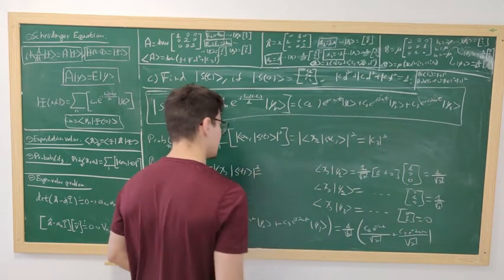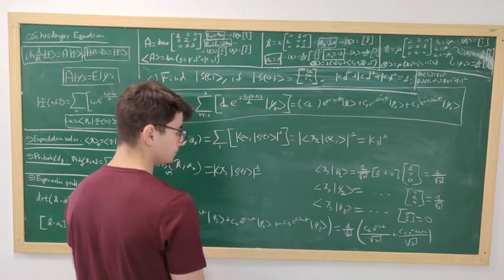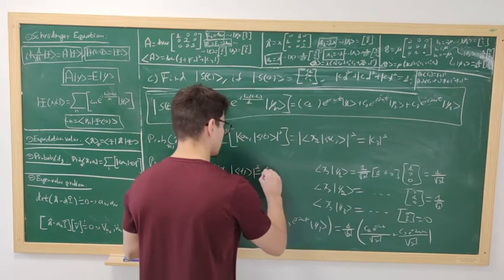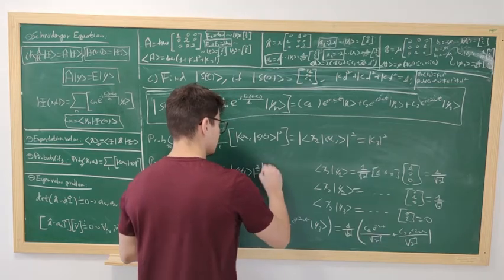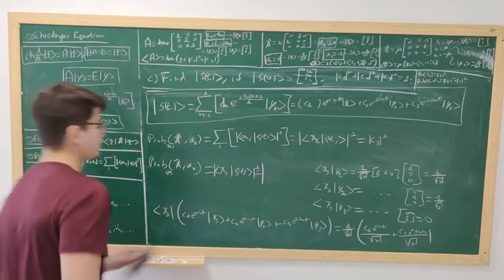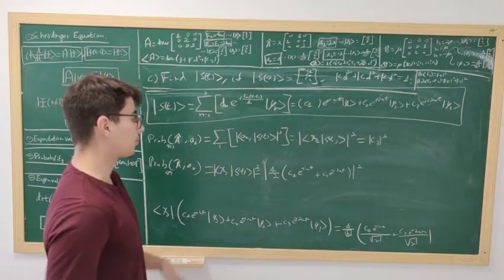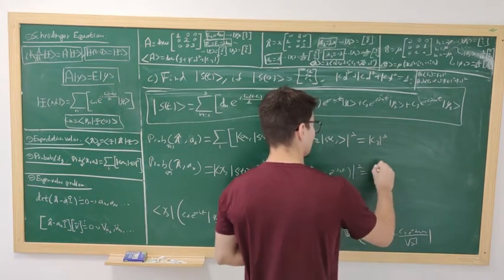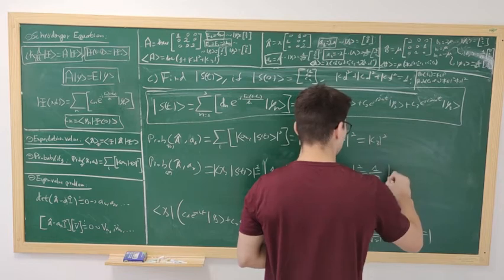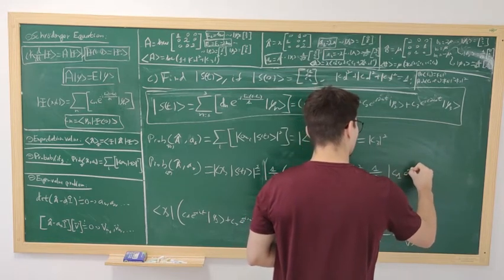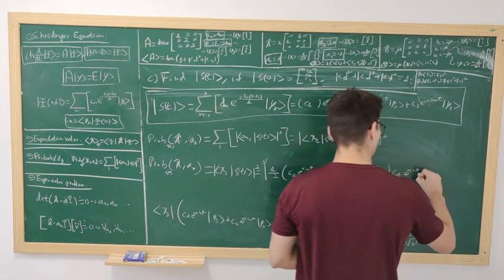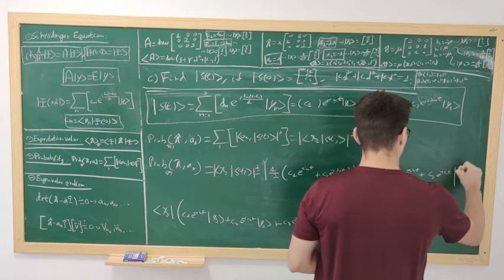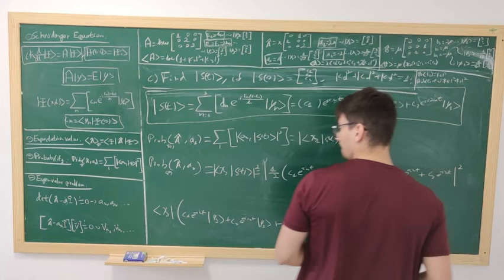And we can express this as one half comes out of all of this. Okay, so this would be our probability, and we can't really simplify it more, we could expand it, but let's just keep it like this: c1 e to the minus I omega t plus c2 e to the minus I2 omega t.